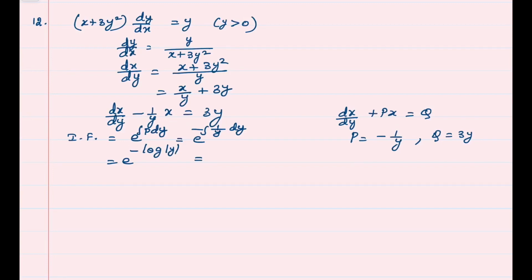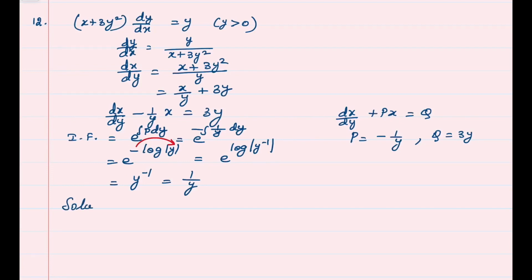We cannot cancel e and log functions because of this negative sign. We will take this negative sign as the power. E raised to log of y raised to minus 1. Now e and log functions can be cancelled. We get y power minus 1, which is 1 divided by y.